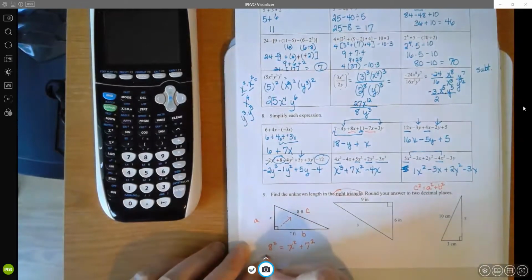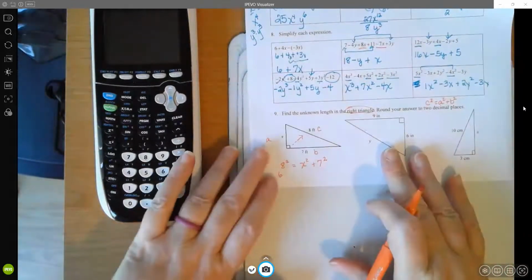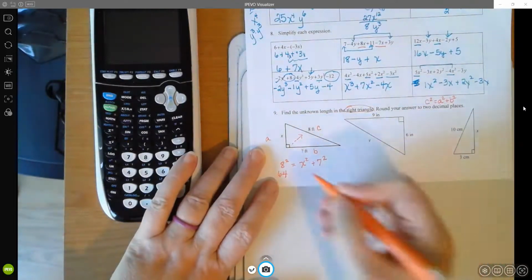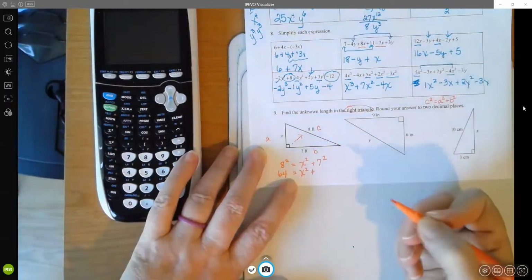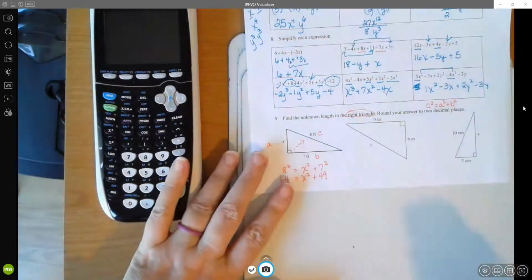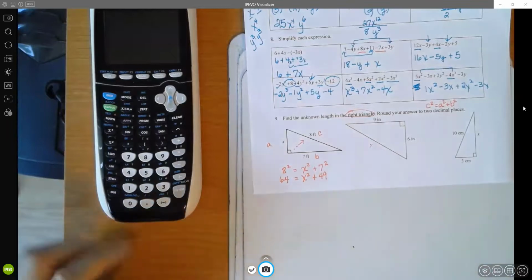8 squared then gives me 64, and you can't see that because it's at the bottom, so let me raise that up so you can see it. So that is 64 equals x squared, and 7 times 7 gives you 49. At that point, that is not your answer.